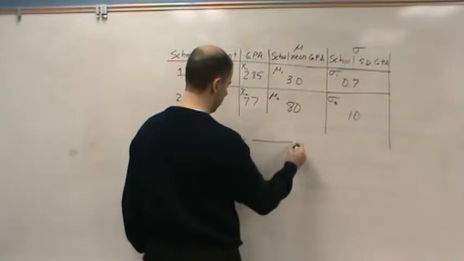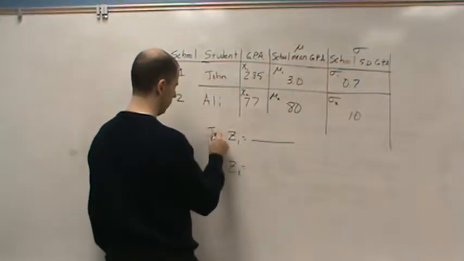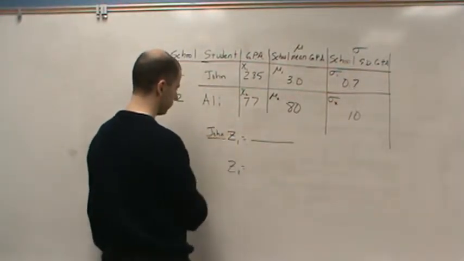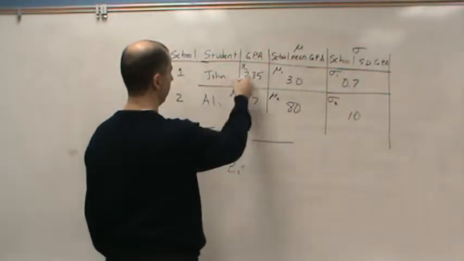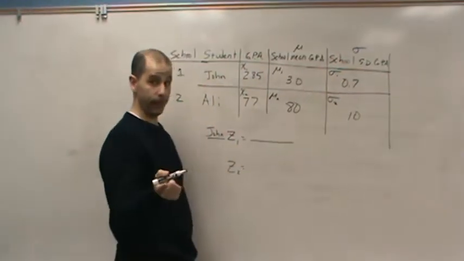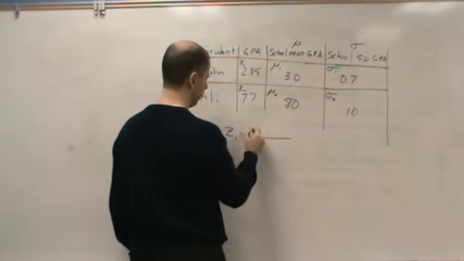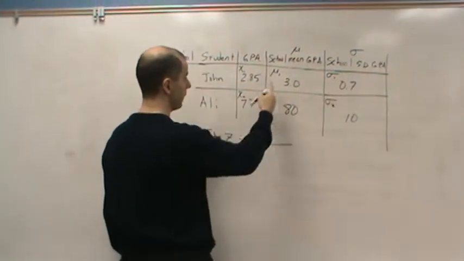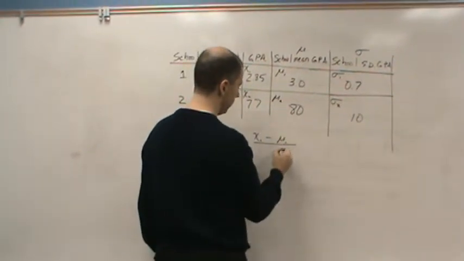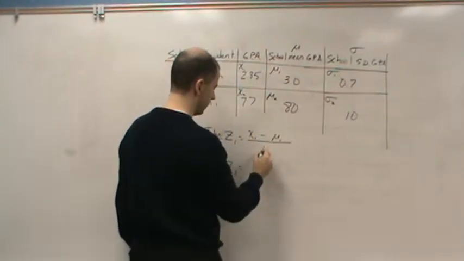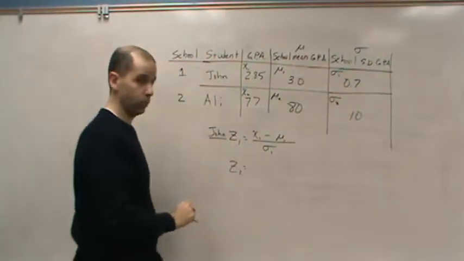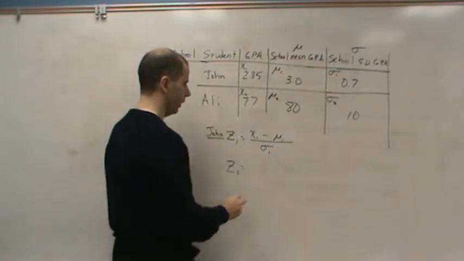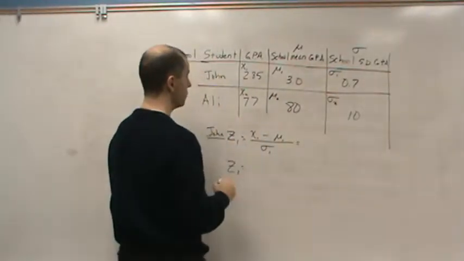So what's z1? Well, this is going to be for John. It's going to be the observed value, x1, minus the mean, mu1, divided by the standard deviation, sigma 1. Okay? And so if I do that, I'm just going to plug and chug.